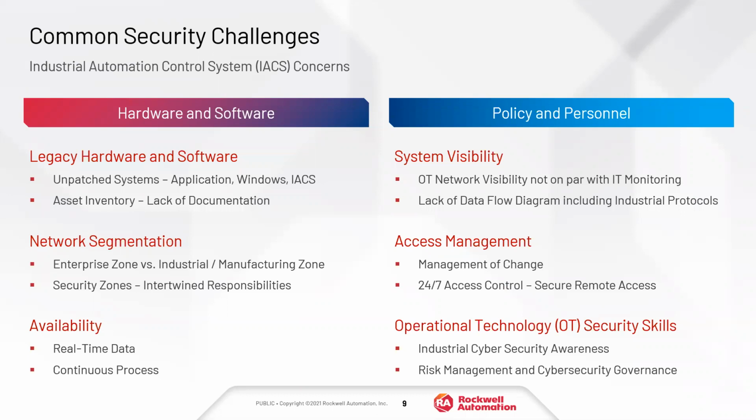So on the hardware and software side, some of the key ones that we would look at is, what's the type of controller that we're using? Are we talking about maybe legacy products similar to a PLC5, or are we talking about newer controllers in ControlLogix, maybe an L8, the process controller? On the documentation side, do you have an asset inventory of your entire control system?